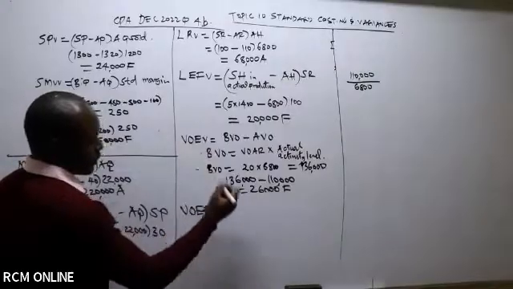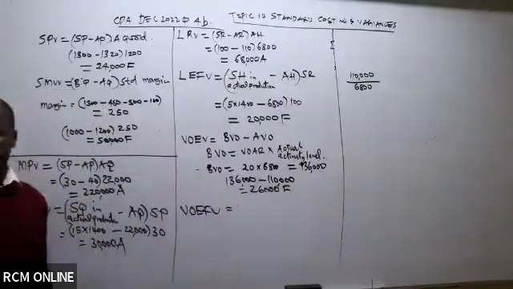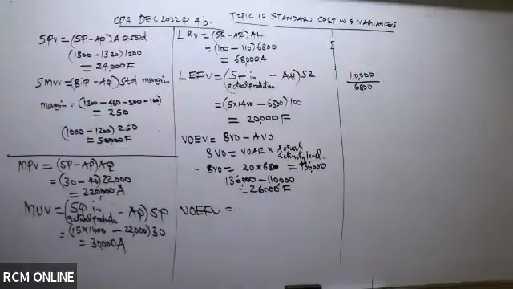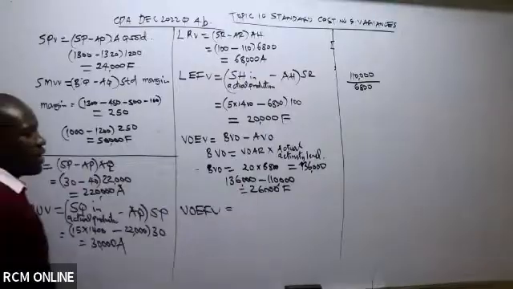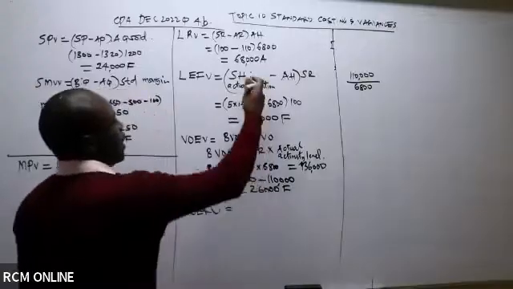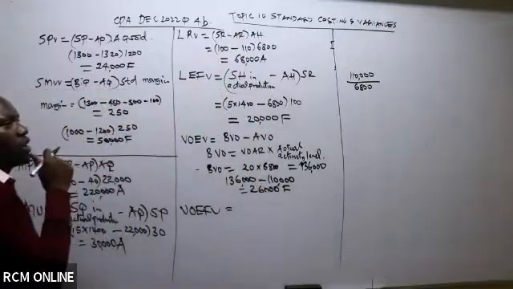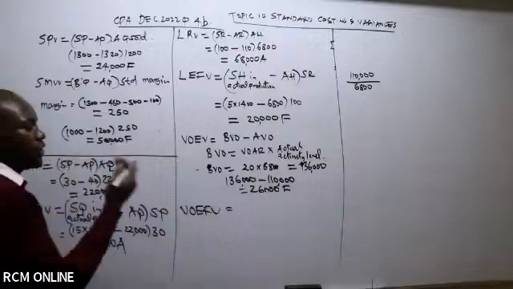So variable overhead efficiency variance, how do we deal with it? It is standard hours in actual production minus actual hours, then standard rate. So it is the same thing.